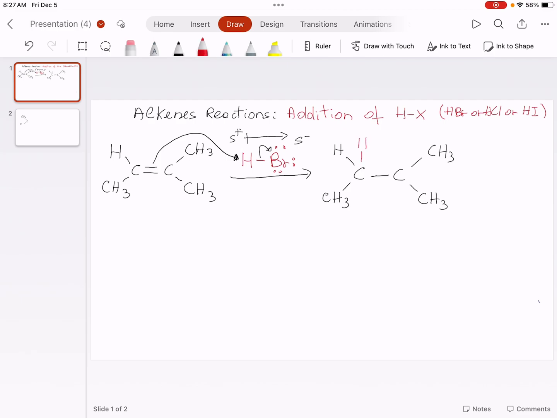In one case, the hydrogen goes onto this carbon and the other carbon becomes a carbocation, or we're going to have the opposite. So the hydrogen can alternatively go there and we have this other type of carbocation.